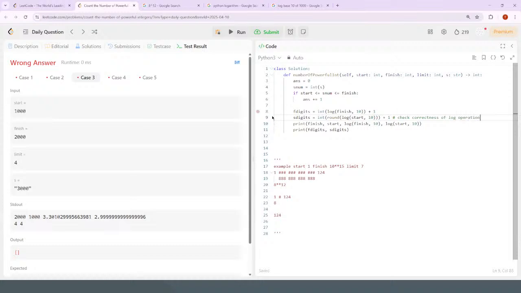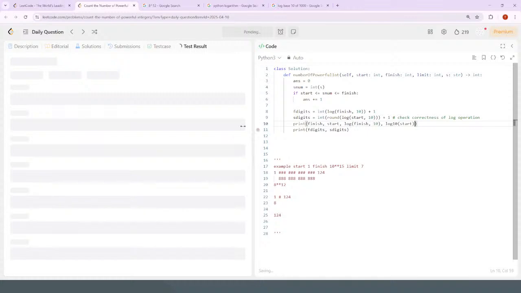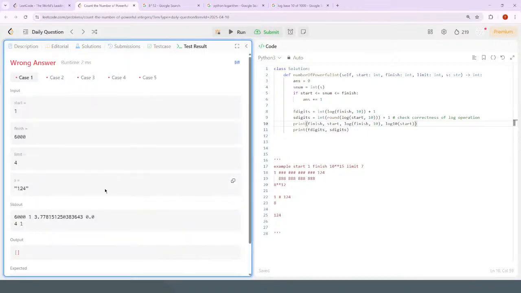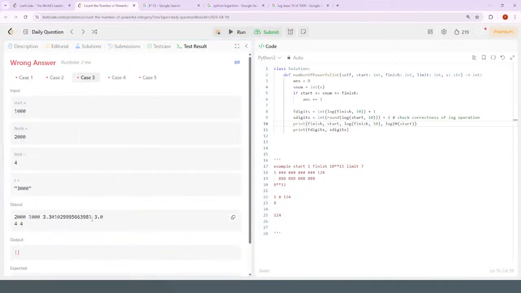Actually, I wonder if log 10 does this any differently rather than log base 10. Is it still gonna give me the same? Okay, so log 10 actually does it correct without rounding issues.